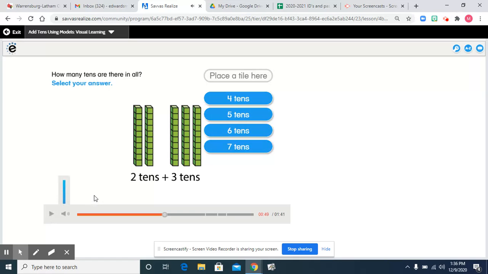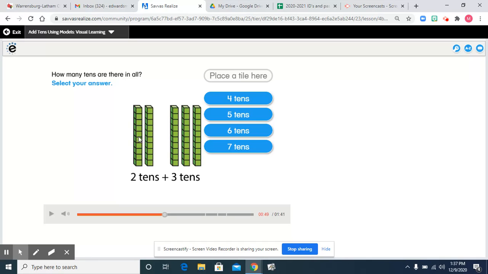Select your answer. Okay, so for this equation, 2 tens plus 3 tens, since these are groups of 10, all you would have to do is just count by tens. 10, 20, 30, 40, 50.